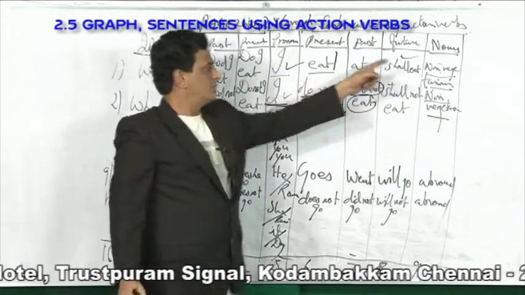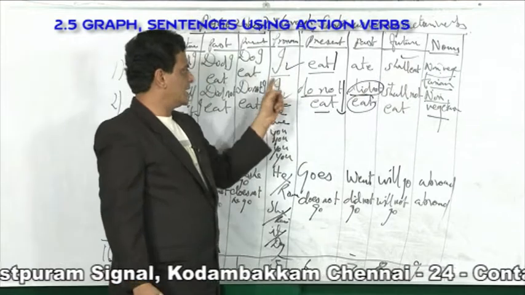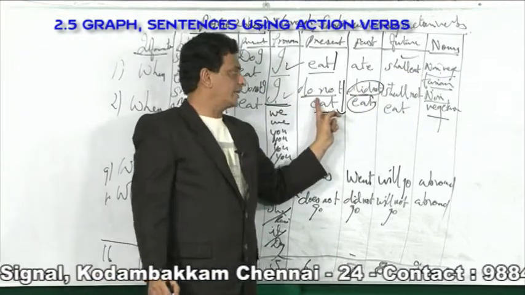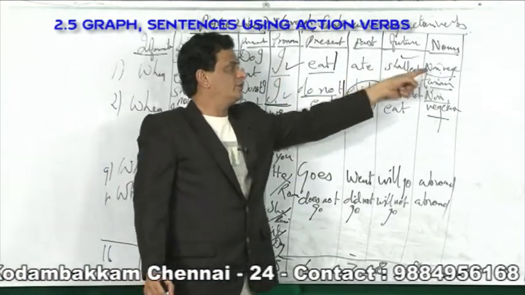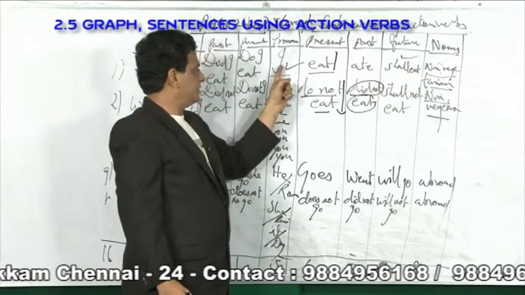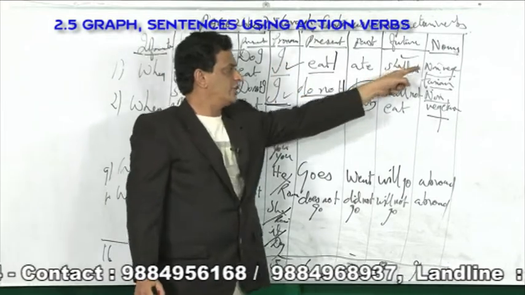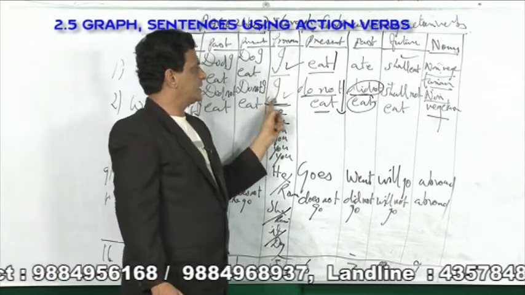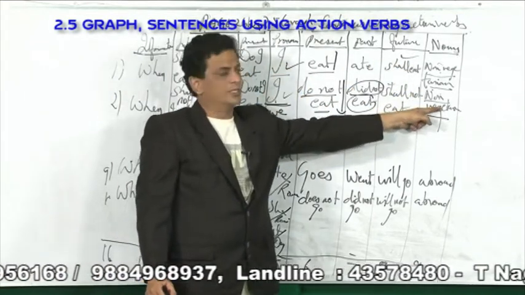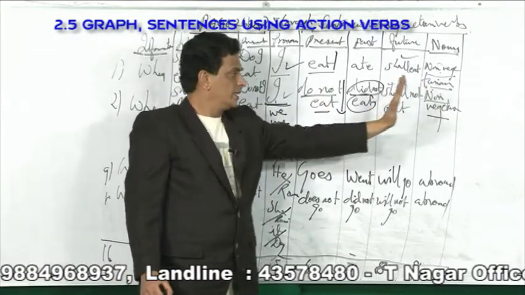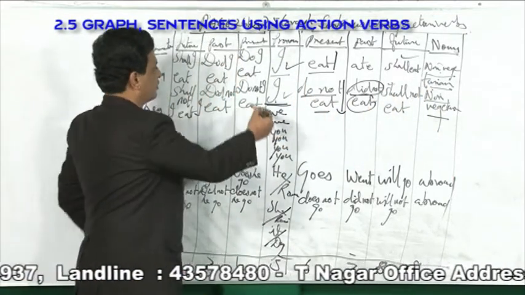So the negative part of I eat non-vegetarian is I do not eat non-vegetarian. That is the second row you are coming to. I ate non-vegetarian, and negative is I did not eat non-vegetarian. I shall eat non-vegetarian, and the negative part is I shall not eat non-vegetarian. It should go like this row by row.